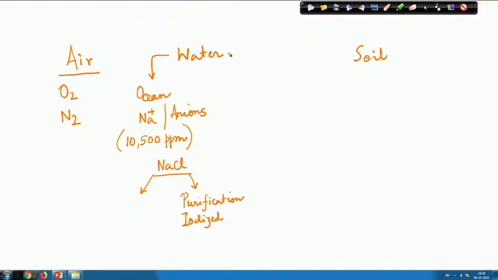Also, this particular water is useful for different industrial activities, and those industrial activities basically use a huge amount of water. It is known that 70% of water is utilized for cooling purposes.